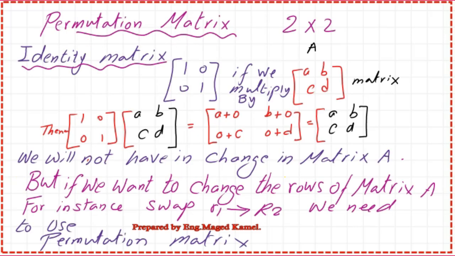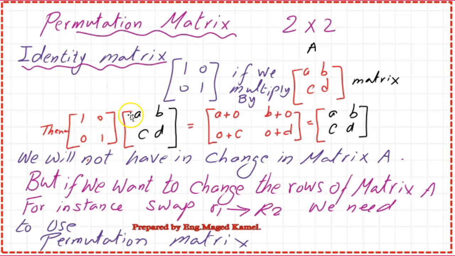In the next slide, we are going to focus on 2 by 2 matrices. The identity matrix, as we know, for 2 by 2 has diagonal equal to 1 and 0 elsewhere. If we have a matrix A, B, C, D, and we multiply it by the identity matrix, there will be no interchange between rows because it is the normal form of the identity matrix.